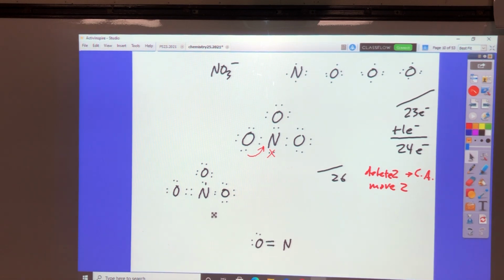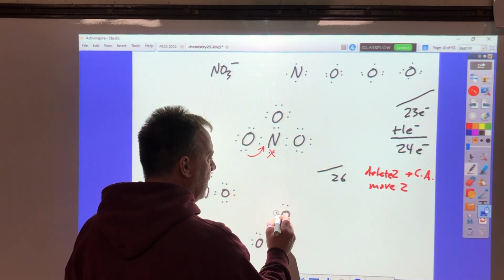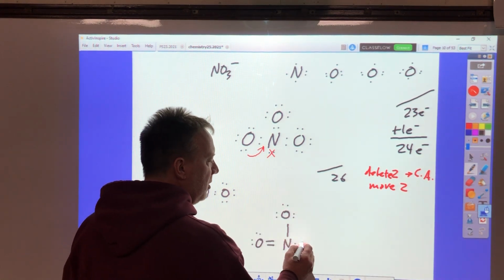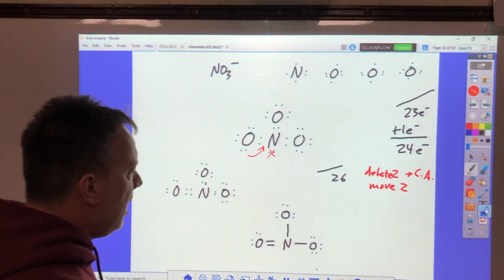Now the story isn't over after I get done drawing this because other things are going to happen, but this is nonetheless the Lewis structure. Shared pair there is a stick with an oxygen, dot, dot, dot, dot. Shared pair there, so we got a stick with an oxygen, dot, dot, dot, dot.